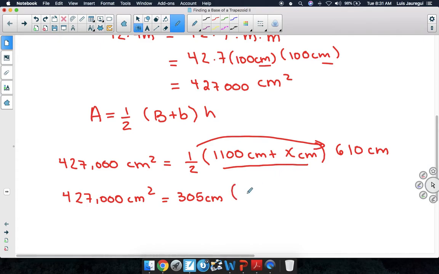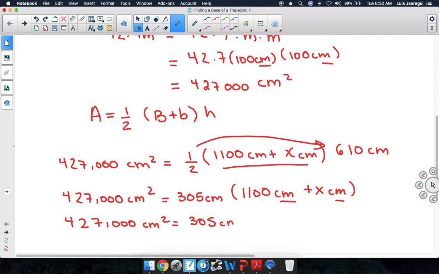So we're going to get 1,100 centimeters plus x centimeters. And let me go ahead and factor the centimeters from here. So rewriting this becomes 427,000 square centimeters. That's equal to 305 centimeters times 1100 plus x times centimeters.